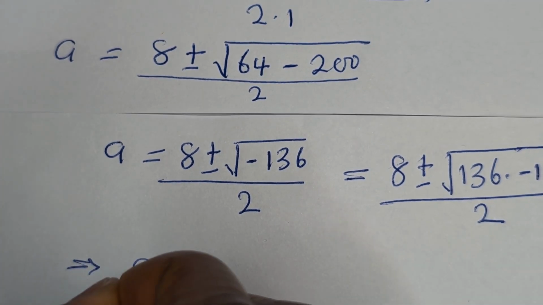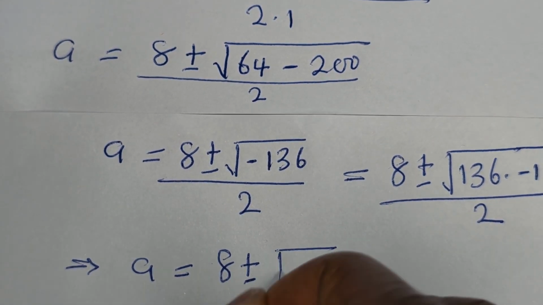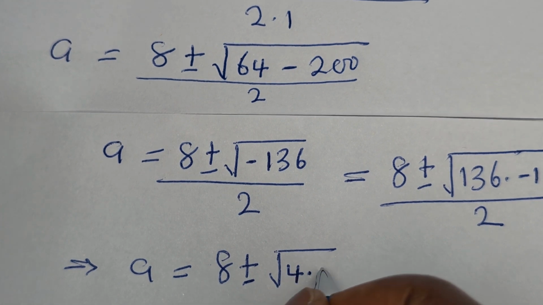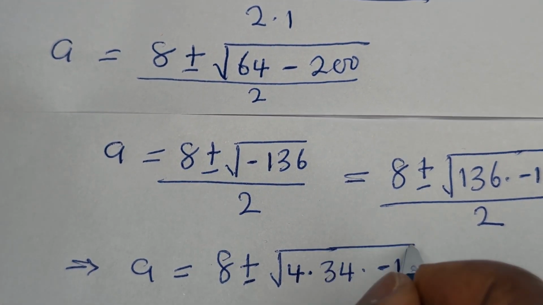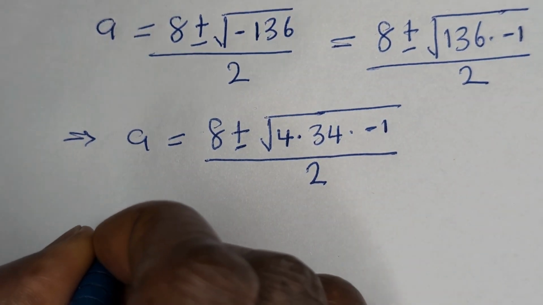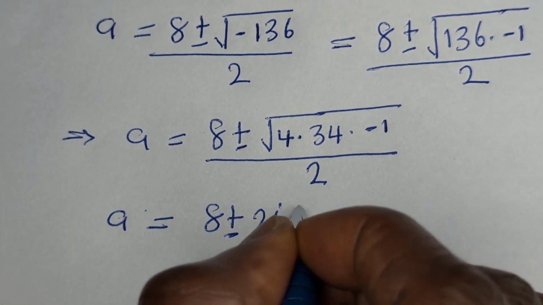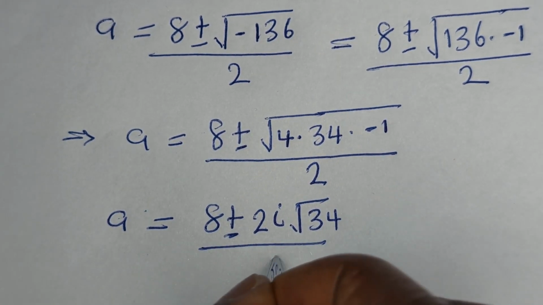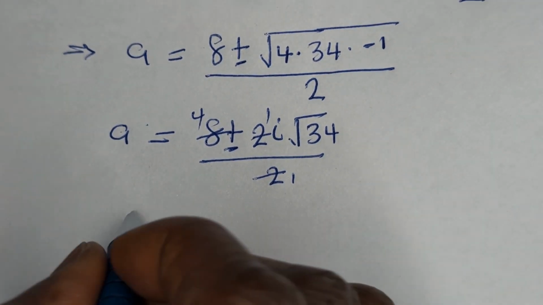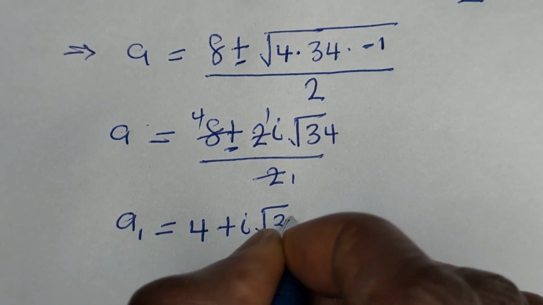And this a is equal to 8 plus or minus square root of 4 multiplied by 34 multiplied by minus 1 over 2. a is equal to 8 plus or minus 2i square root of 34 over 2. 2 here 1, 2 here 4, 2 here 1. a1 is equal to 4 plus i square root of 34.